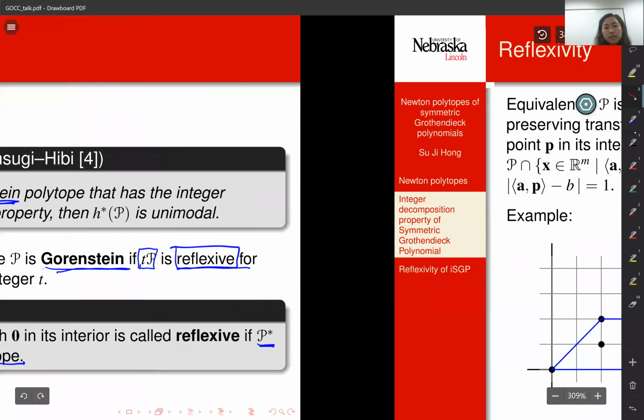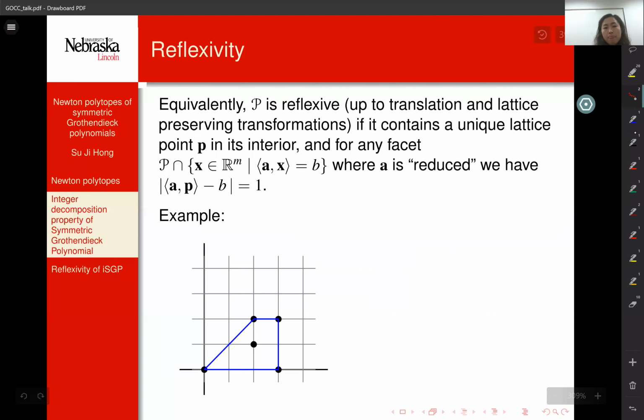Equivalently, P is reflexive up to a translation if it contains a unique lattice point, and for any facet, which you can think of as any of the sides, this distance is 1.